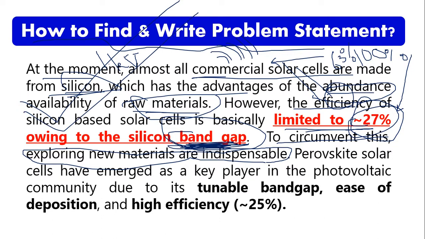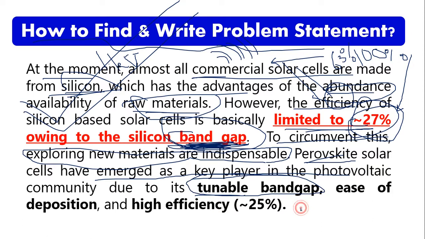New material such as, for example, perovskite solar cell has emerged as a key player in the photovoltaic domain, in the photovoltaic community. Why is this perovskite solar cell the game changer? Because it has features, it has characteristics. The first one is tunable band gap.